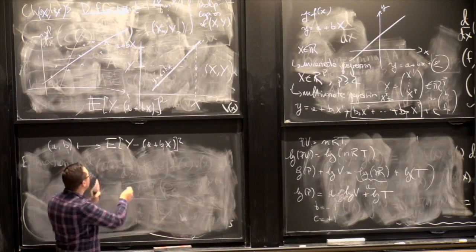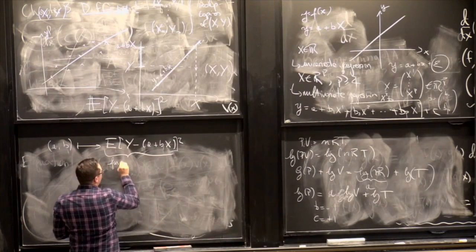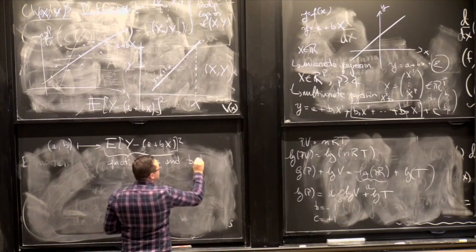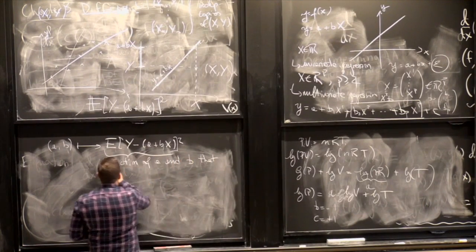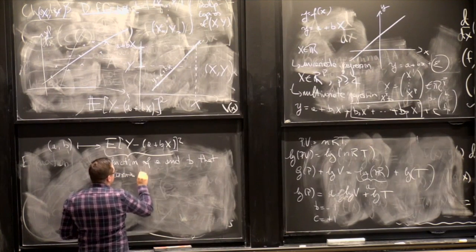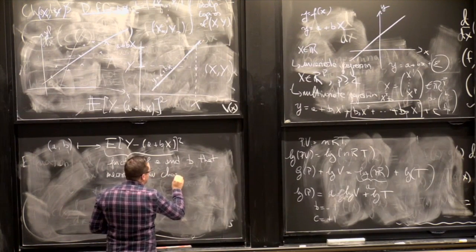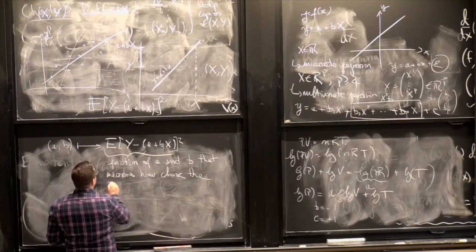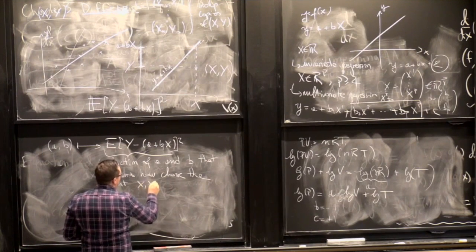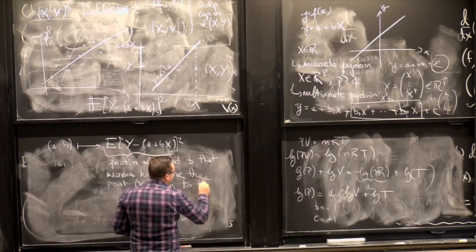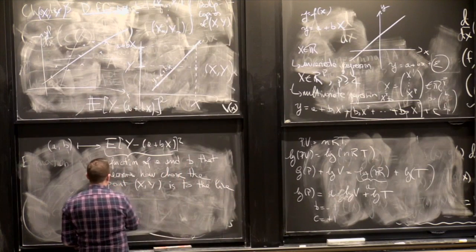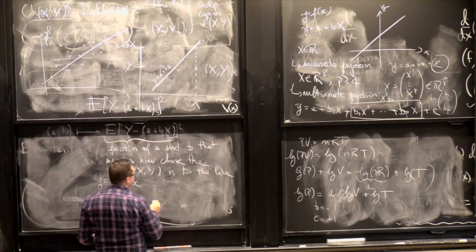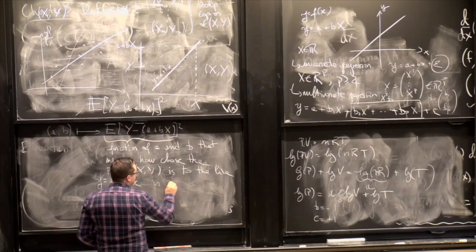The value of this function here, function of a and b, measures how close the point (x, y) is to the line y equals a plus b times x, in expectation.